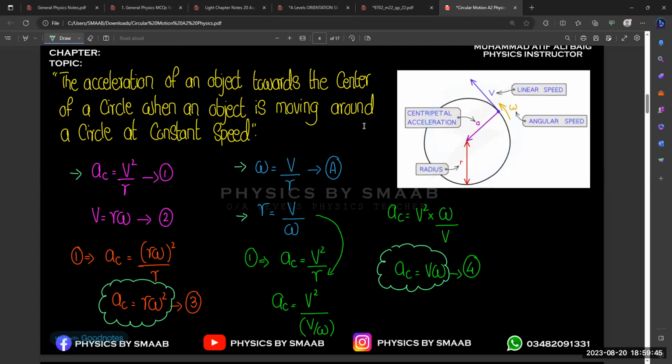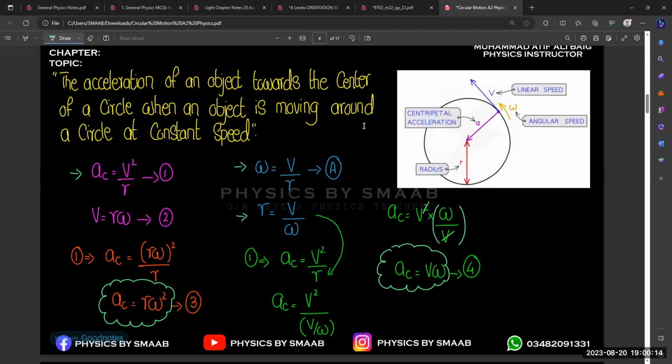And you know that if we have a denominator within a denominator, we just flip the values. So v over ω will be flipped and come into the numerator like ω over v. One v cancels out with the other, so one v is still there. So a_c = vω.